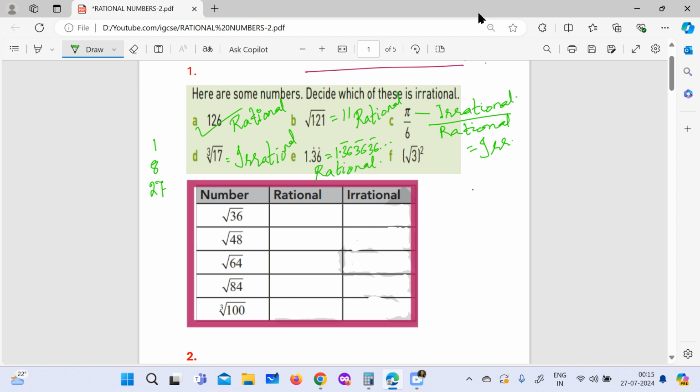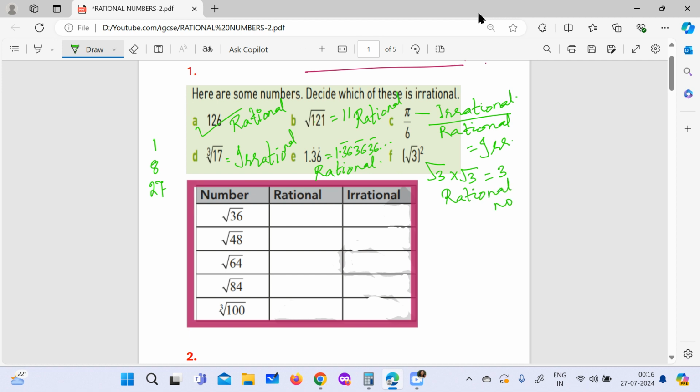I hope this is clear to everyone. Now, you have another number, square root of 3 whole squared. When you square root 3, you get root 3 times root 3, that gives you 3. And 3 is also a rational number, so this is also a rational number.